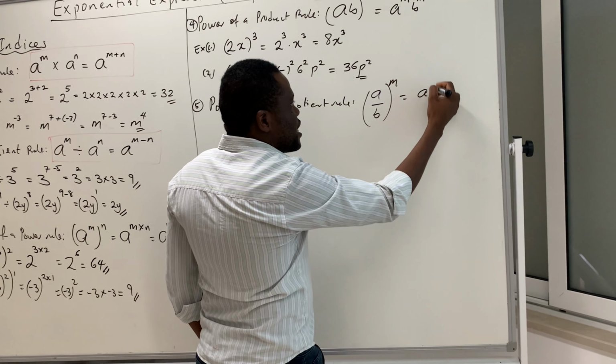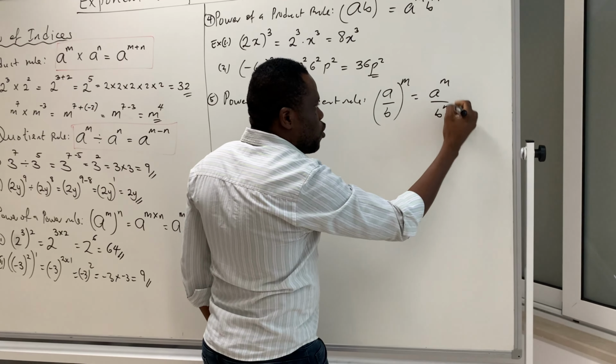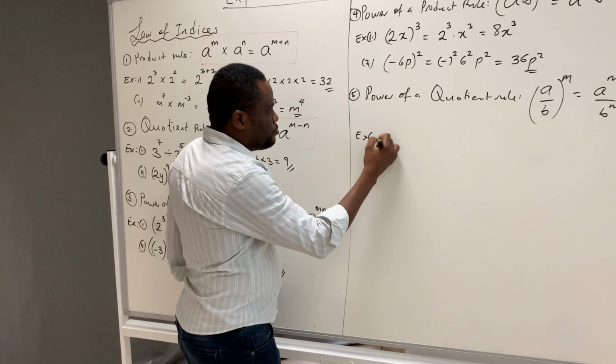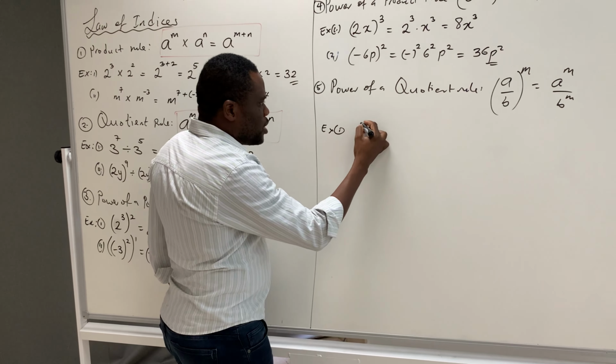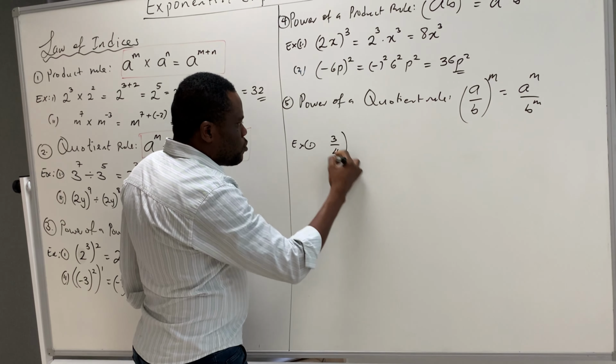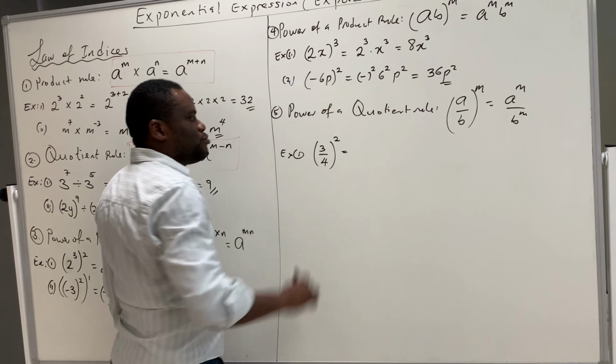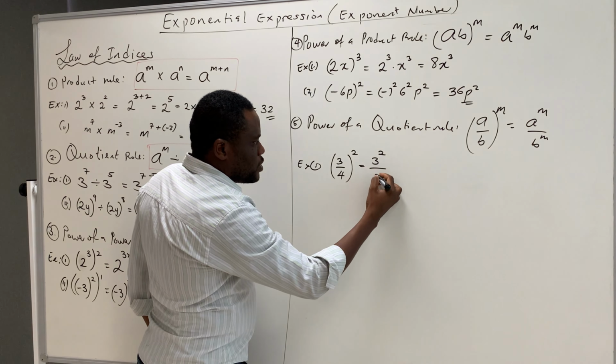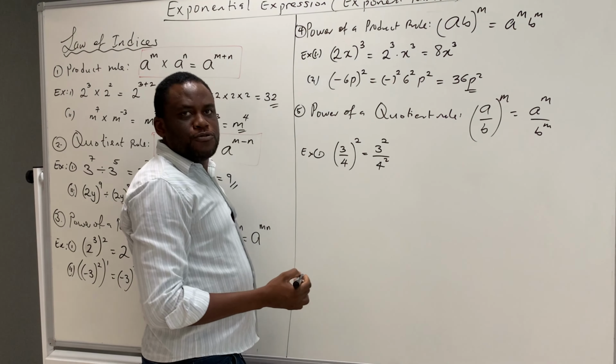That is, a shares this m, b also shares this m. And a good example, quickly, we have (3 over 4) to the power of 2, which means 3 to the power of 2 divided by 4 to the power of 2.